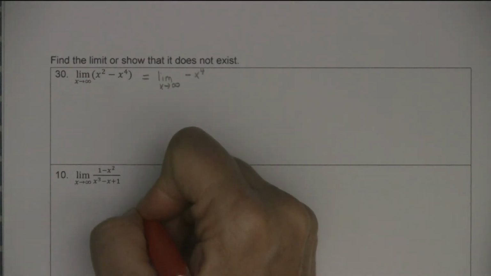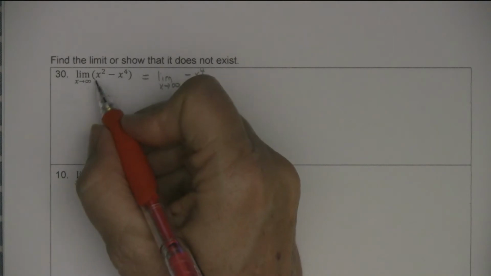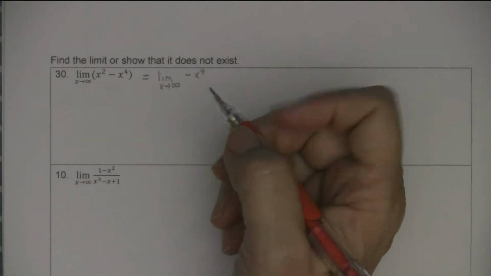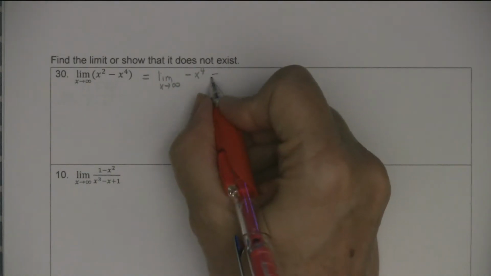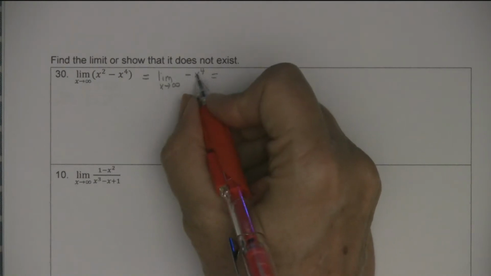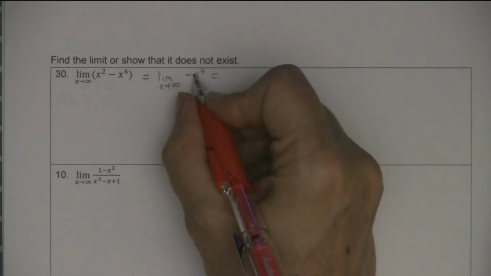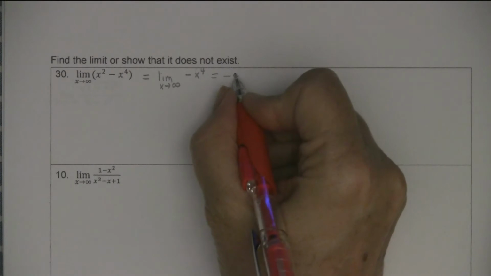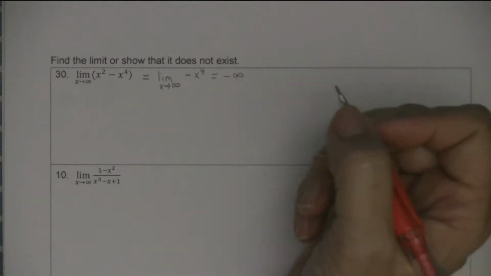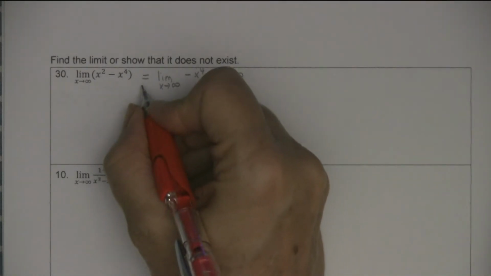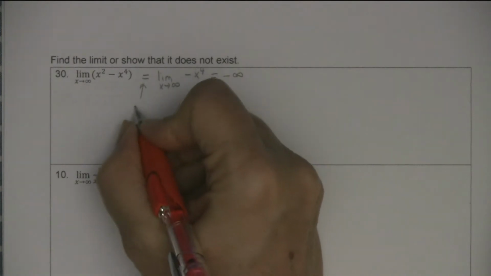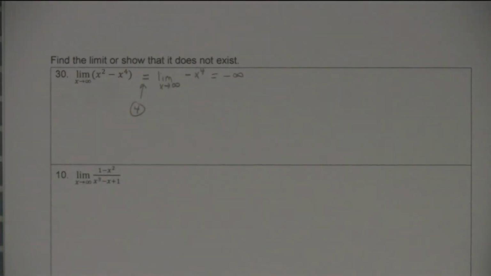We don't have to look at x to the second and see what it is doing. As I go to infinity, this part is going to positive infinity and then negative times it, so this is negative infinity. And we used number 4 of the limit laws here.